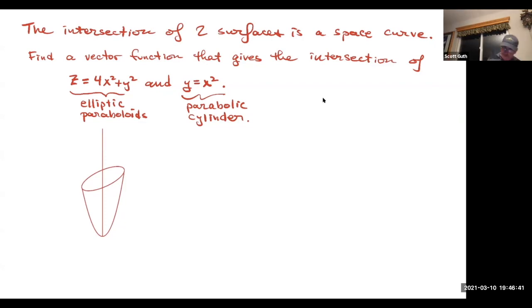Okay, and then it says my z-axis, y equals x squared. Let me do a little more angle on that. I could almost just imagine, I'll do this in gray, y equals x squared, a little parabola that goes this way.